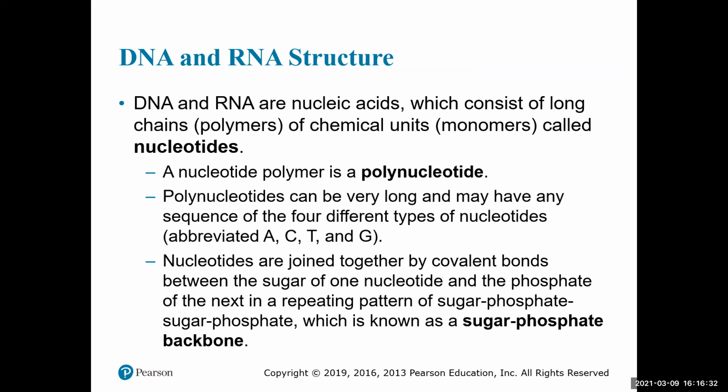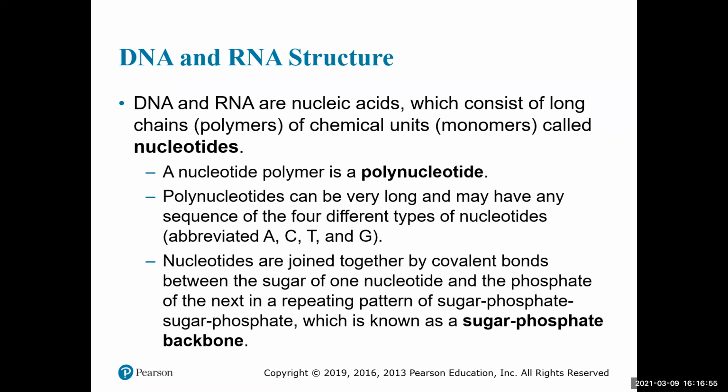Now, if we look at DNA in general, and we'll talk about RNA too, but the first part of this chapter is really focused on DNA. But both of them, if you remember from our earlier module, DNA and RNA are nucleic acids. So they are organic molecules.